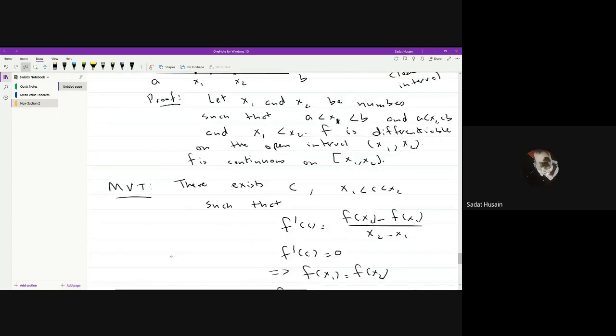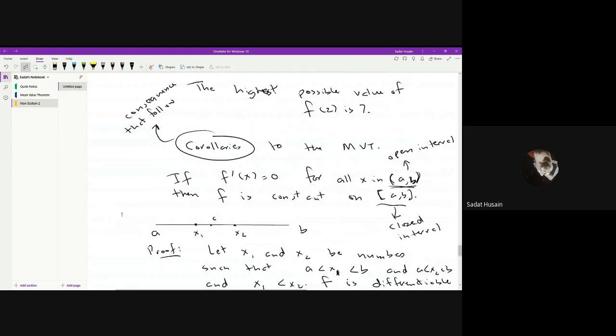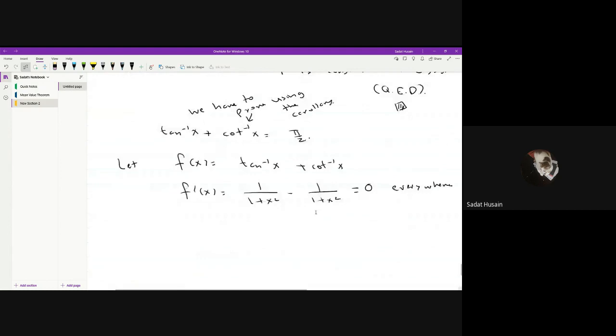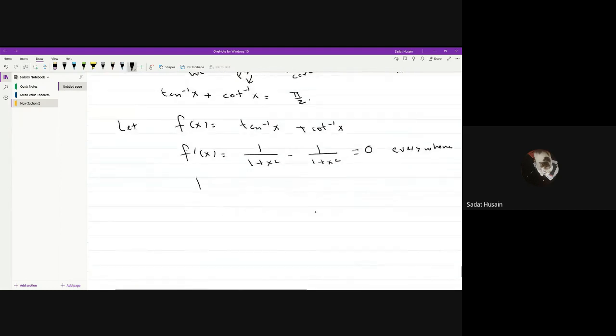Now what does the corollary say? If f prime of x is 0 for all x in a comma b, so here f prime of x is equal to 0 for all x in minus infinity to plus infinity, meaning 0 everywhere.